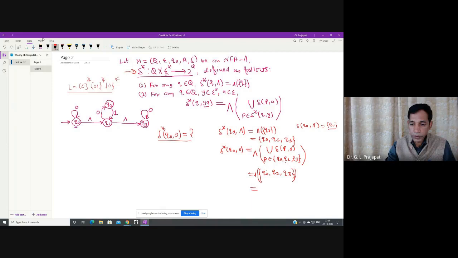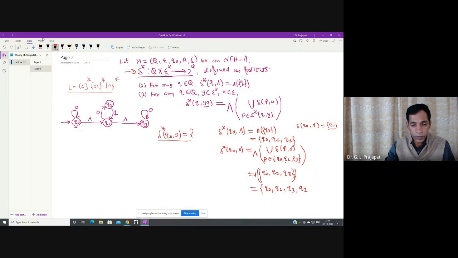So what is the null closure of this set? It says that every element of this set is also an element of the null closure: q0, q2, q3 are the elements. From q0 you have the null transition, you go to q1, so you can add q1. From q2 you have no null transition, empty. From q3 you have no null transition, empty.